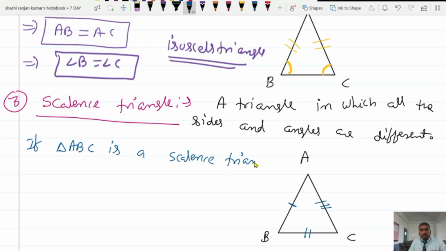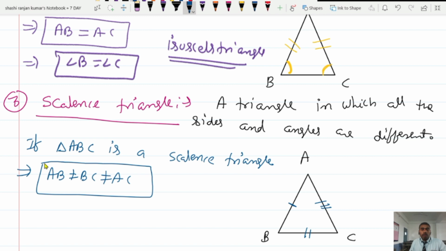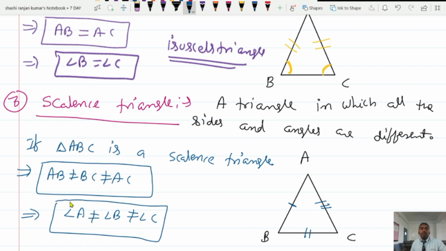It means that side AB is not equal to BC, which is not equal to AC. All are different sides, and also angle A is not equal to angle B, which is not equal to angle C. So all the sides and angles are different here. This is known as the scalene triangle. Any question up to here?